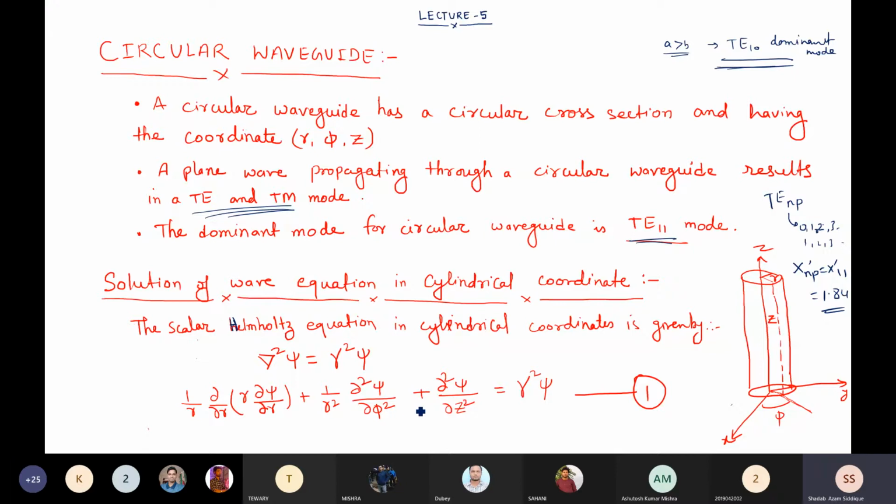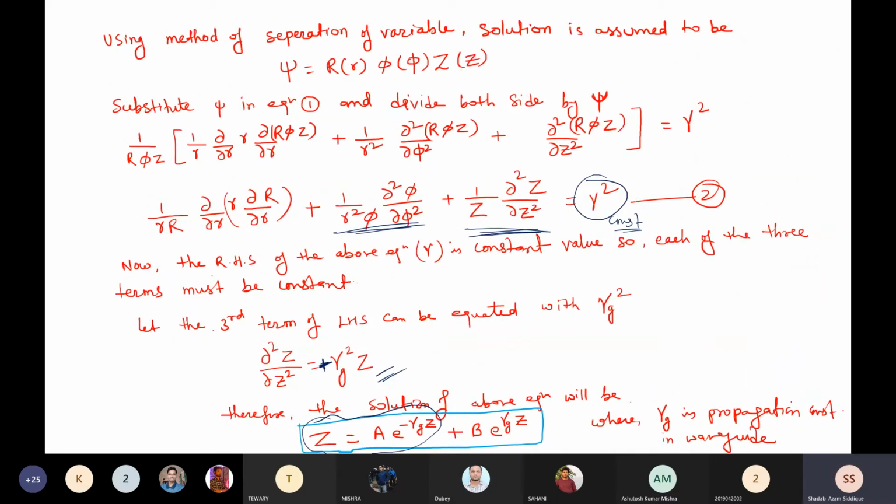So the left-hand side should all be constant. Taking the term that is a function of z only as a constant, we equated it with gamma g square, and we got one solution. Similarly, we substituted this gamma g square in the remaining term and multiplied by r square.